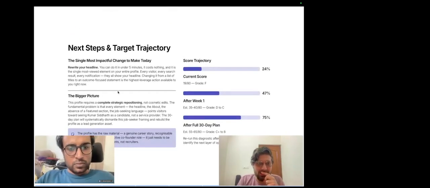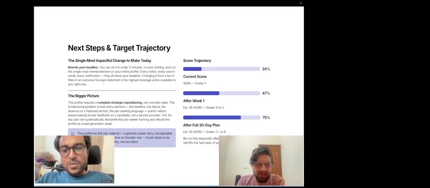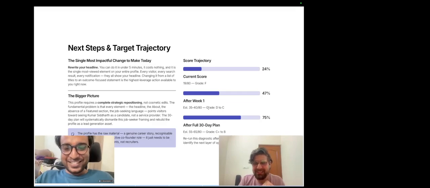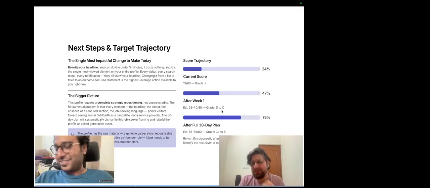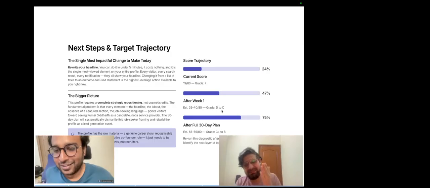Next steps is I think where it wants to give a snapshot of all the things that we had talked about, and this is what it wants you to take home. This is similar to what the credit card companies show us about how we can improve our credit score. Correct. So it's giving you top five steps. After one week, you were asking me, right, would I get passing marks after one week?